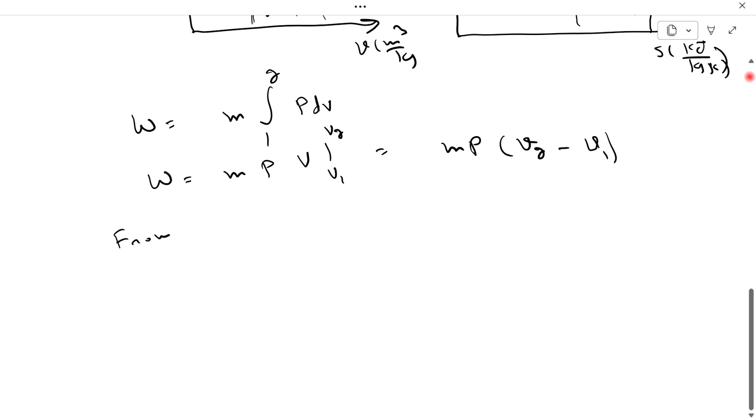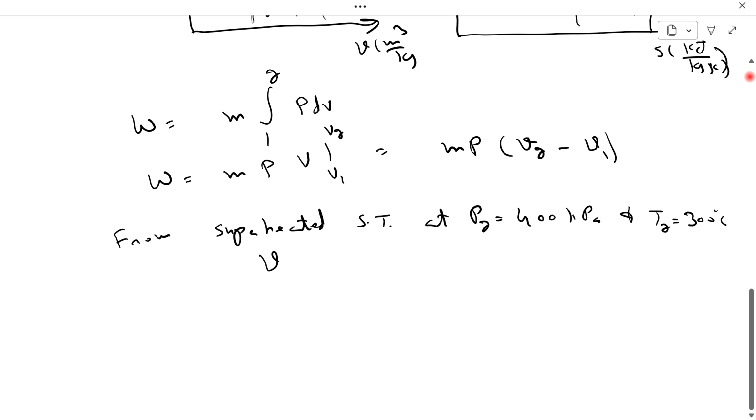Point 2 is in the superheated region, so from the superheated steam table, at P2 equal to 400 kilopascal and T2 equal to 300 degrees centigrade, V2 is equal to 0.65484 meter cube per kg.